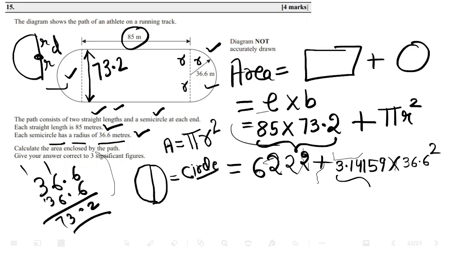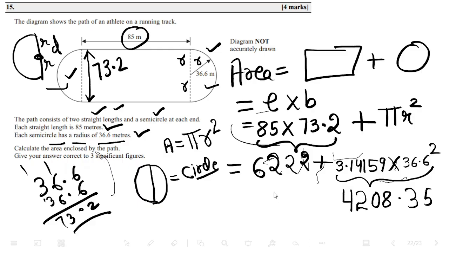Whenever you get time at home, you have to do it manually and check whether you are getting the same answer or not. So after solving this, you will get 4208.35.